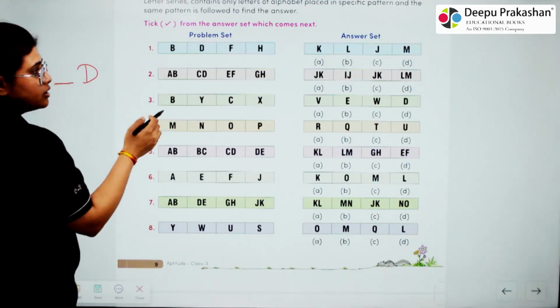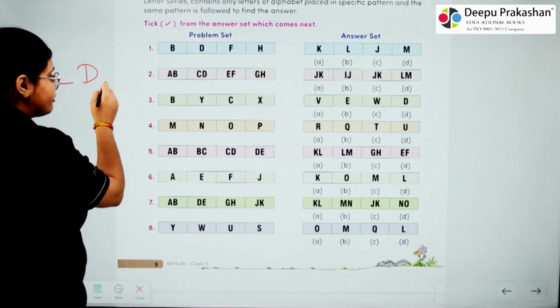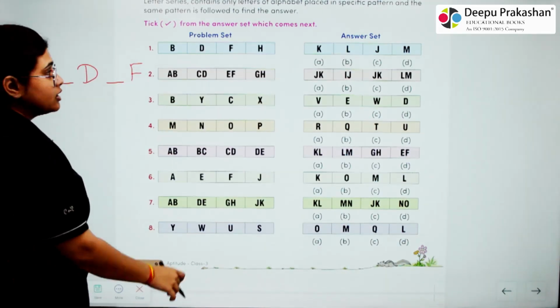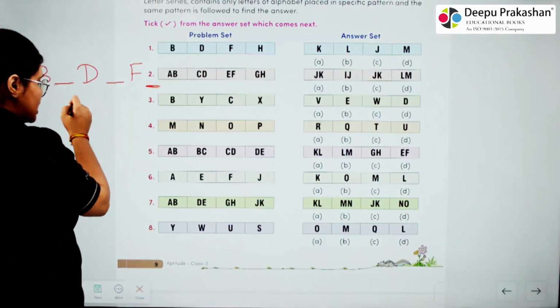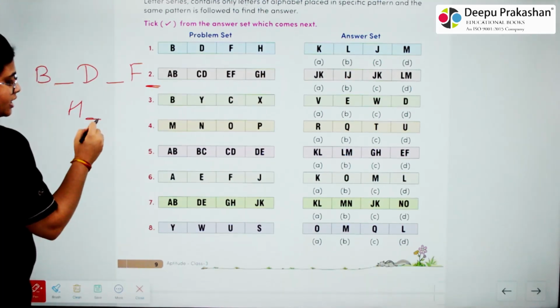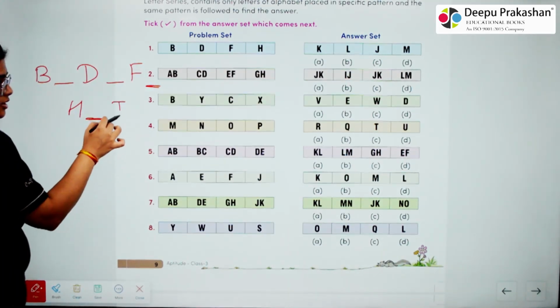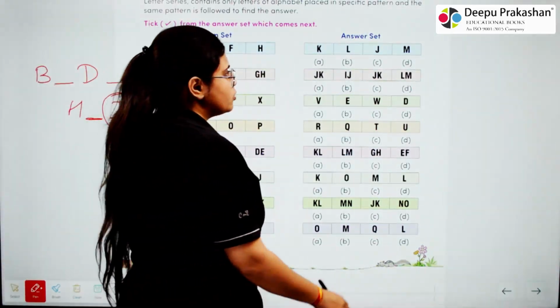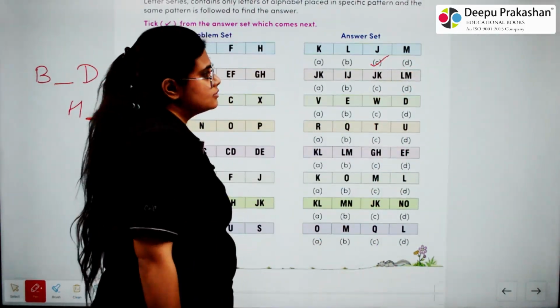Then D is given, and after D, E is missing. Then F is given. Then G is missing. Then H is given. Then I should be missing and J should be present. So the answer for the first one is J.